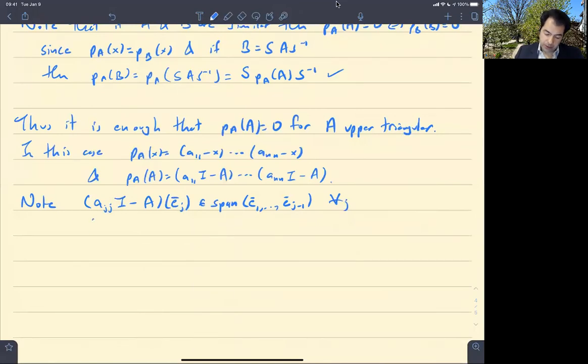In fact, let me point out explicitly: A11 times the identity minus A, if you plug in E1, you get 0, because the first column of this matrix is 0 because it was upper triangular, and then we made the first entry 0.